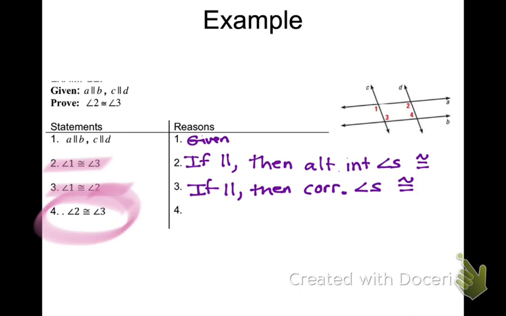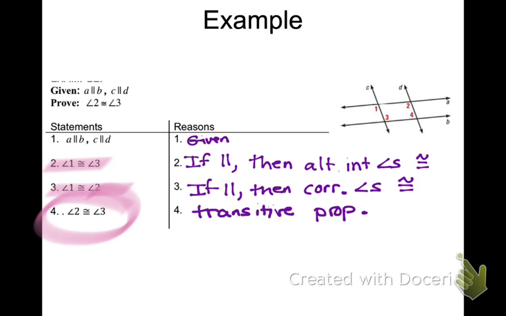So why is 2 congruent to 3? Transitive, good. Transitive property is probably going to be your best friend. Taking out the link of the 1s, right? Though technically it should have been 3 to 2 and then a symmetric property, but we'll go with it.